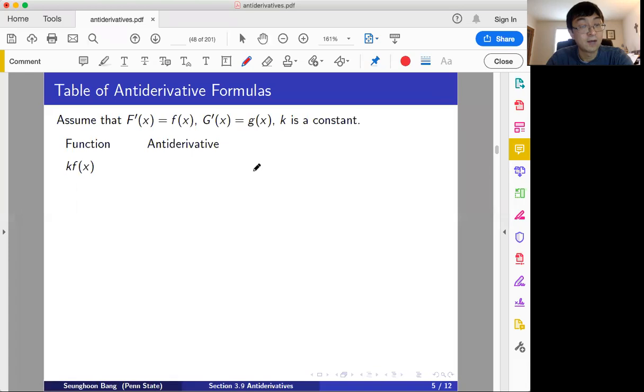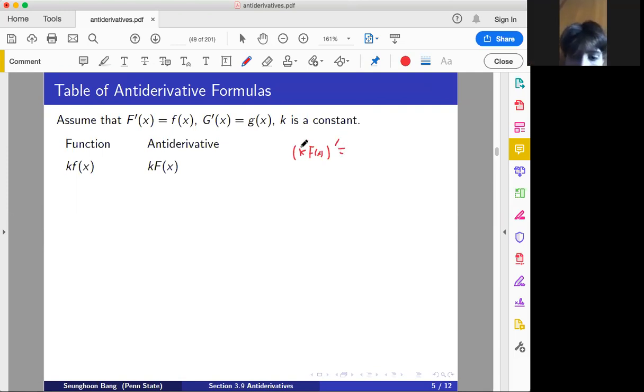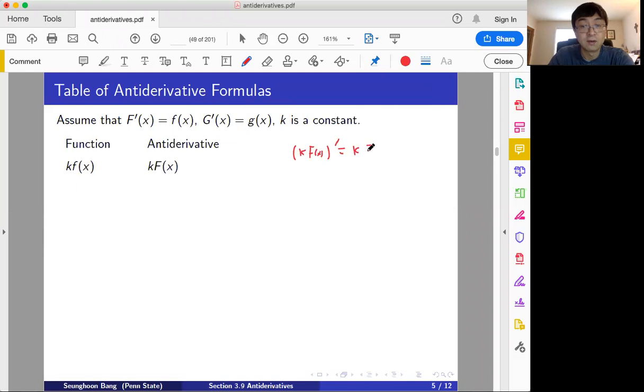The k f of x is a function. Is it an antiderivative? K times capital F of x. Why is this true? We can think about this. Take (k capital F of x) prime. The k is taken out, so we have k times F prime of x.